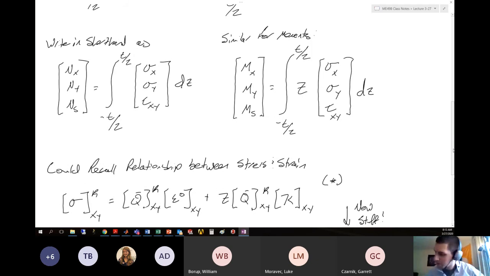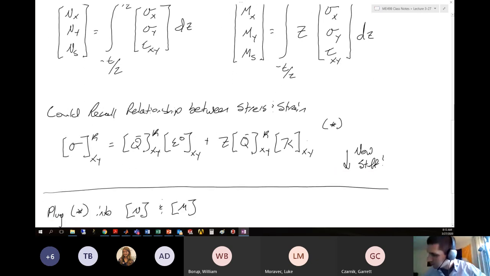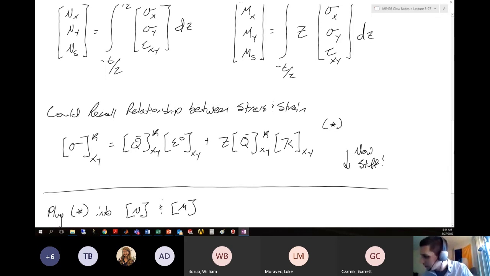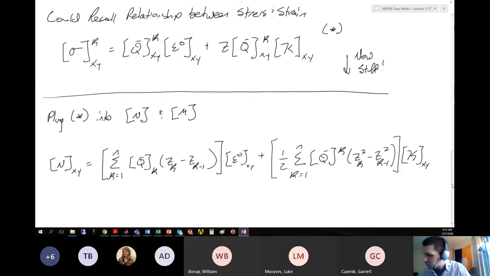Since the expression on the right-hand side is a function of the individual lamina, we can integrate within the individual lamina. So I've done that to ultimately end up with a relationship between the forces that we apply, this n vector, and the related strains and curvatures that can appear.